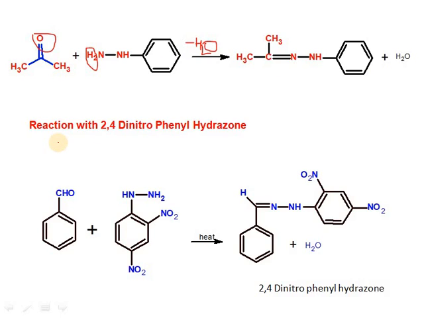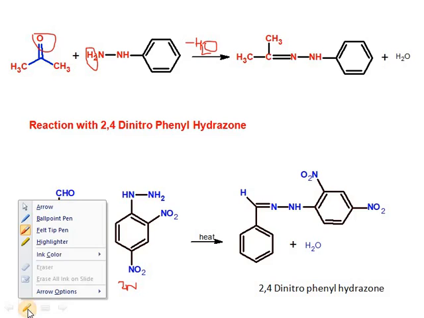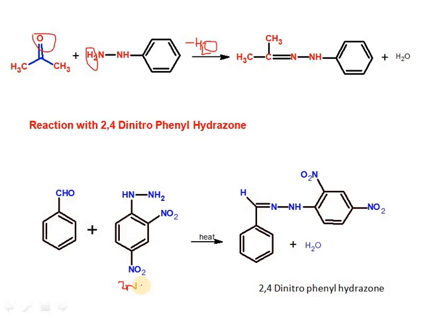Next, the reaction with 2,4-DNP. 2,4-DNP is the short form of 2,4-dinitrophenylhydrazine.